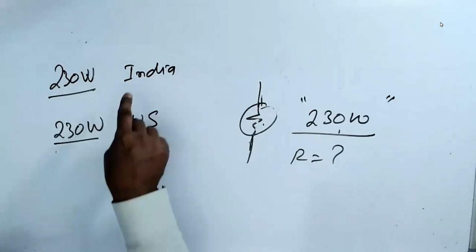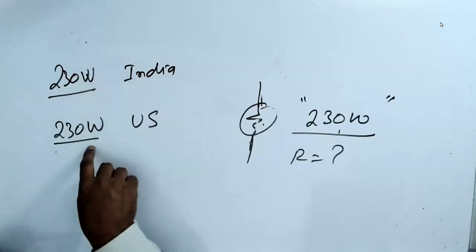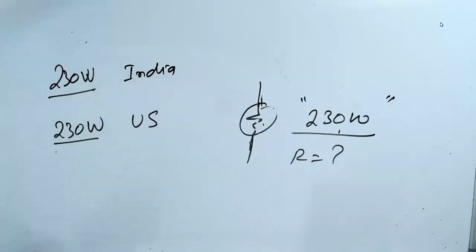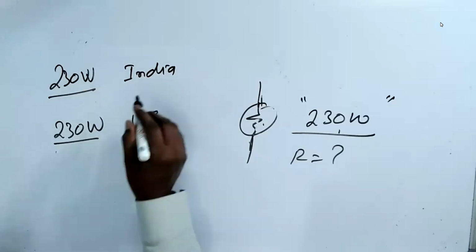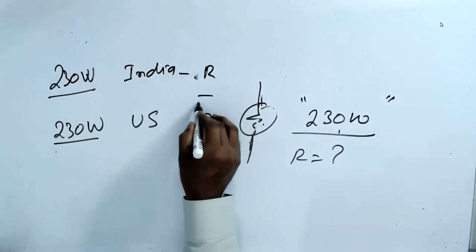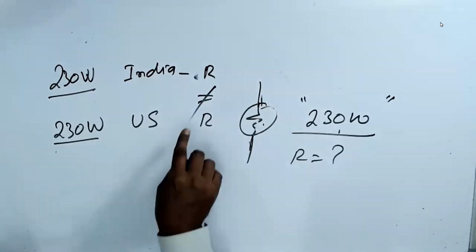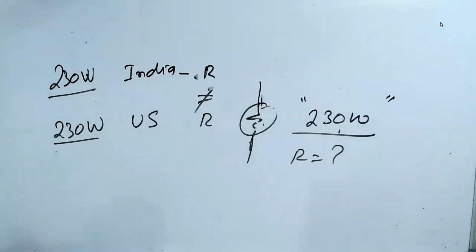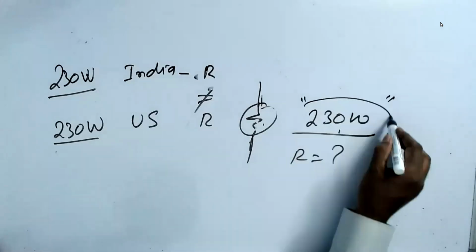Understand one thing. It's a trick here. The resistor of this and the resistor of that are not the same. Then how do you say 230 ohm? So this itself is a wrong notation.